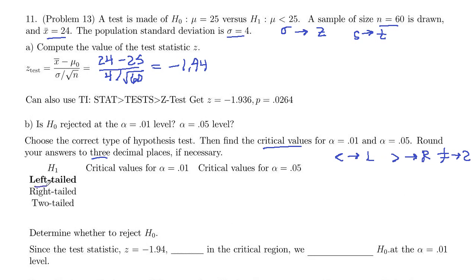So this is left-tailed. So our critical value for alpha is 0.01. If you have a left tail, then your rejection region is on the left. So if alpha is 0.01, then this area right here would be 0.01, so left area 0.01.